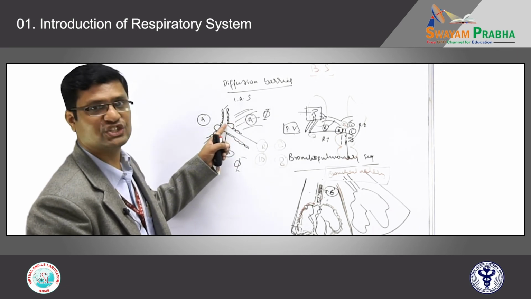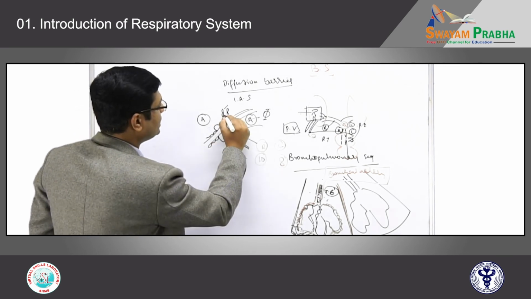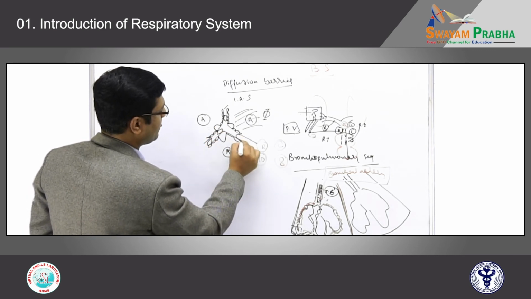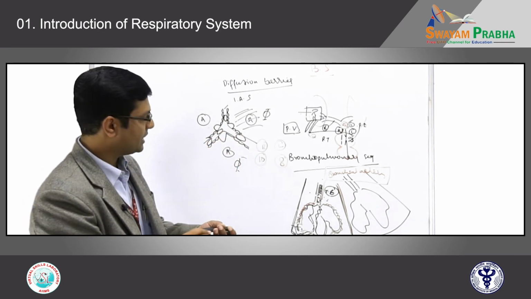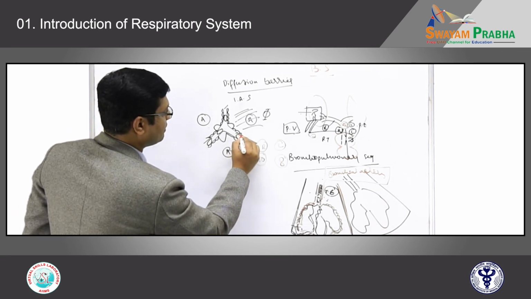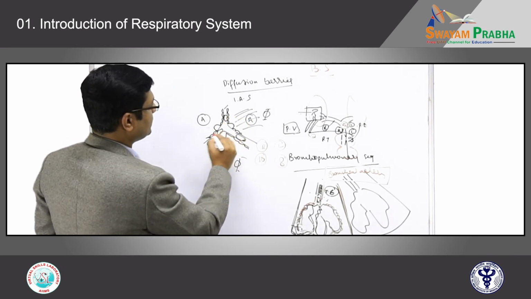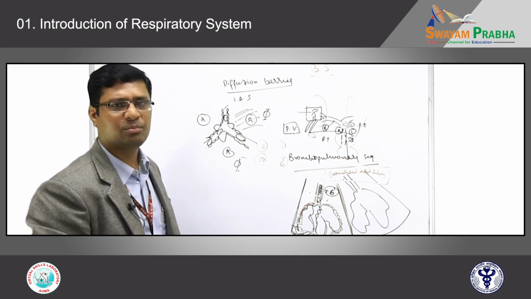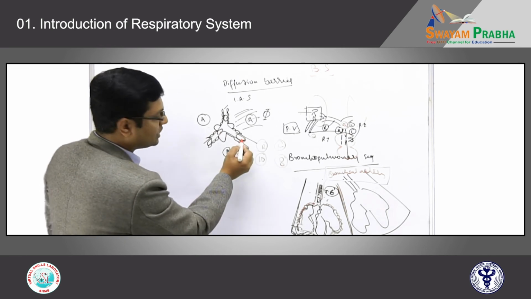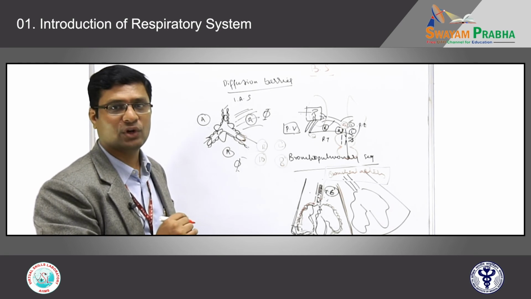This is the alveolar interstitium, we call it the interstitium. If you concentrate on this interstitium, we have thin walled capillaries. These are the capillaries, very thin walled, very tiny capillaries. The main feature of these capillaries is that they have only a thin endothelial lining. They are devoid of basement membrane, or the basement membrane is very much fenestrated. And these capillaries are in close approximation with the type 1 alveolar pneumocytes.